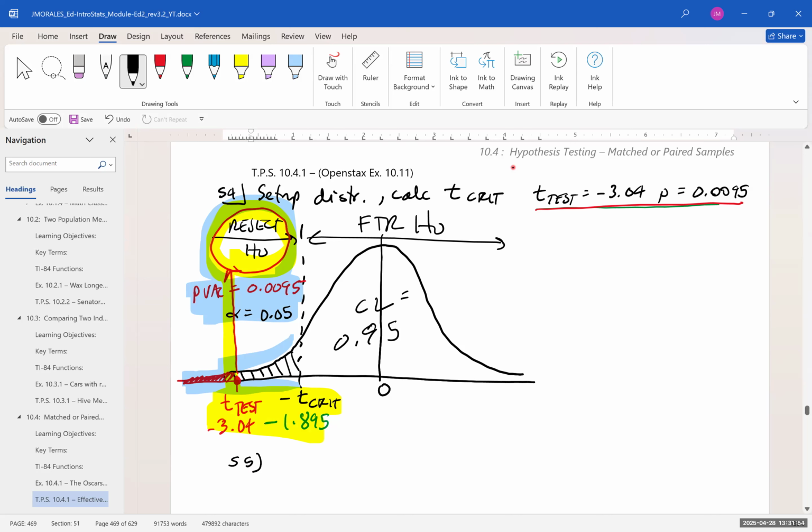So step 5 is to look at our results and write a conclusion. We are going to reject the null, and I believe the alternate hypothesis was our original claim.